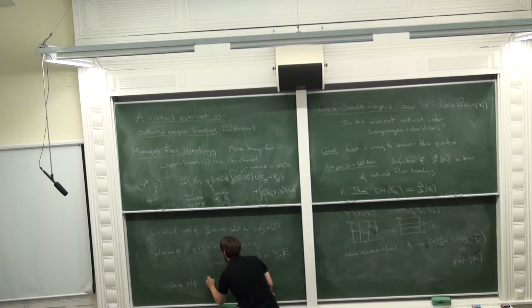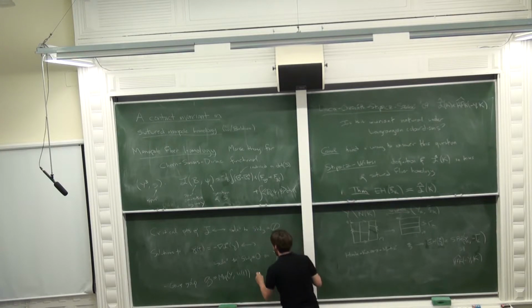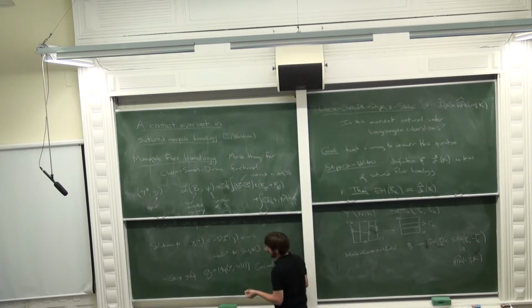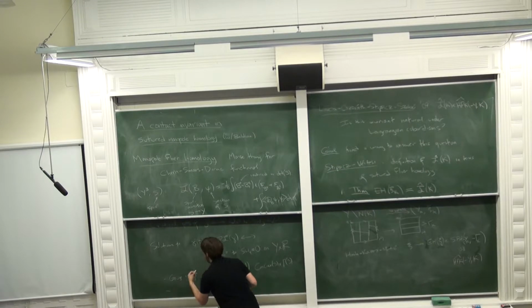So that looks like maps from the manifold Y to U(1), and that acts on the space of connections times spinors, and so you divide by this action, and then the action isn't free.